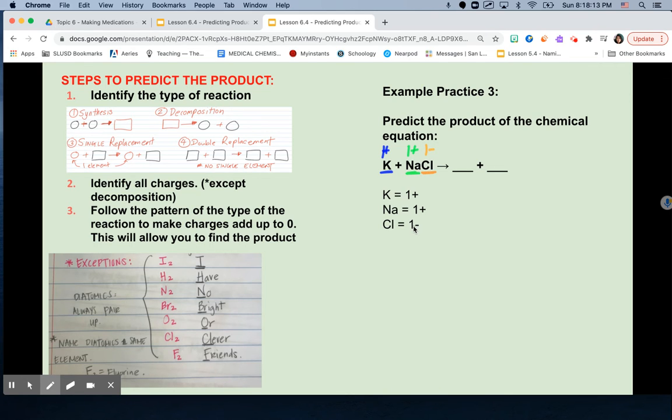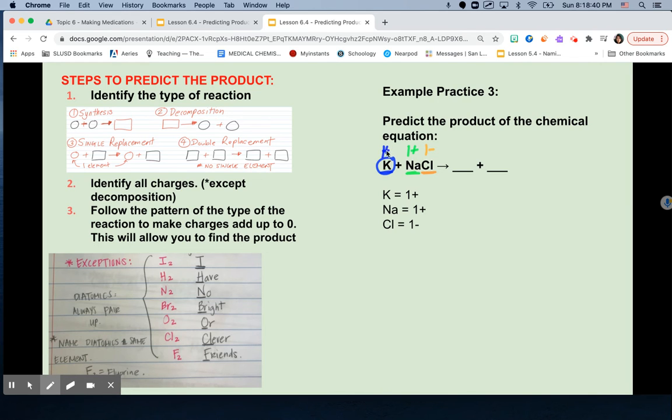And if we also know that our charges need to add up to 0, then the opposite charges always attract. In chemistry, opposites always attract. So who is K going to get with? Is it going to get with Na or Cl?